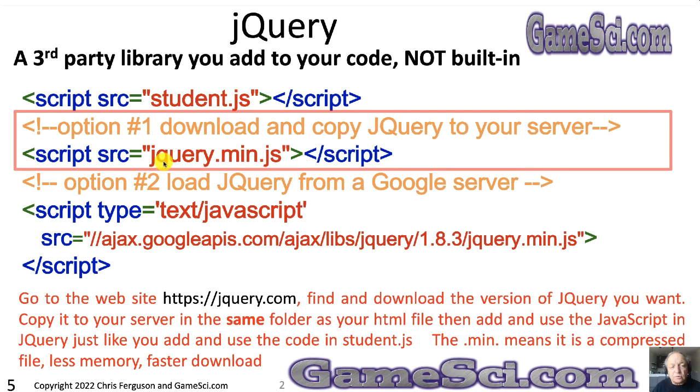Script source equals jQuery.min.js. This is very similar to this line right up here. This one adds student.js. This one's adding jQuery.js.